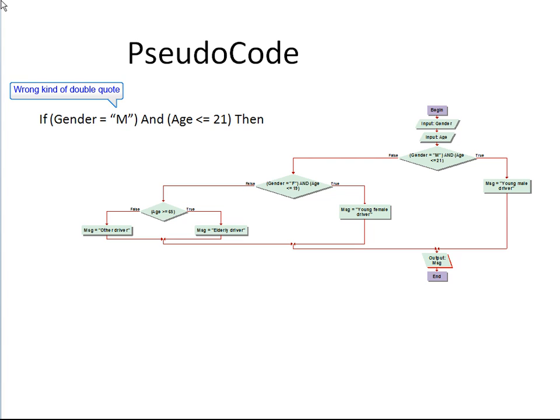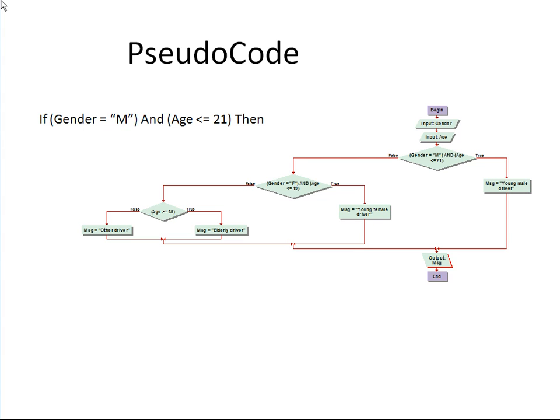If you were to cut and paste this into your program editor, you would get into trouble because your program editor wants the straight up and down quotes, which are different. But that's just way too much trouble to go to for a presentation like this. Plus, it gives me the chance to tell you that if you do code in a word processor, these double quotes are going to mess you up.